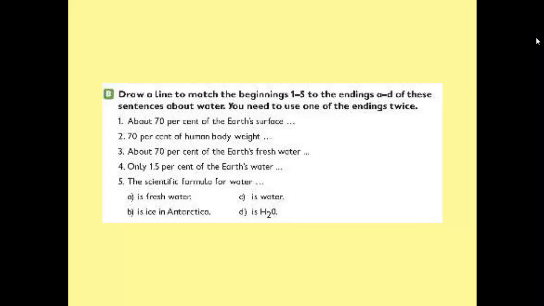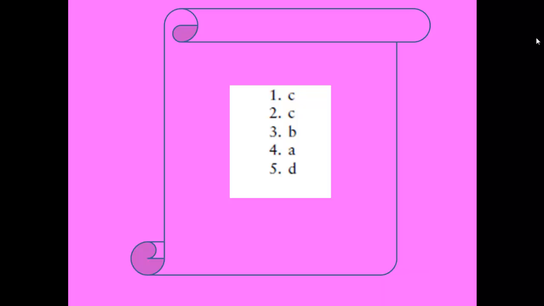Only 1.5% of the Earth's water is fresh water. And finally, the scientific formula for water is H2O. So it has 2 atoms of hydrogen and 1 of oxygen. Here are the answers. You can check your answers and compare them with these answers.